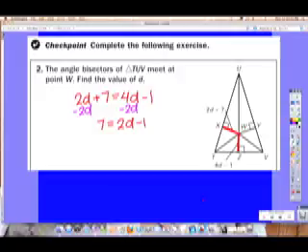Okay, read on if you have the same thing. Again, draw the pictures. Hopefully it'll help you notice stuff.